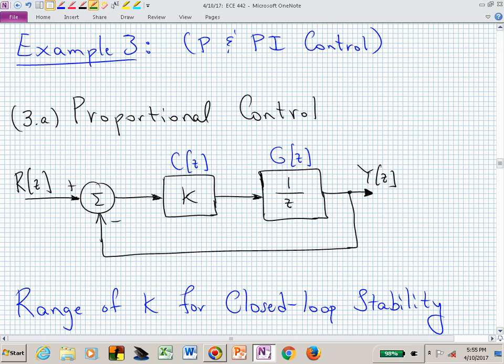I'll give you 30 seconds to find the range of K for stability. Where's my stopwatch?